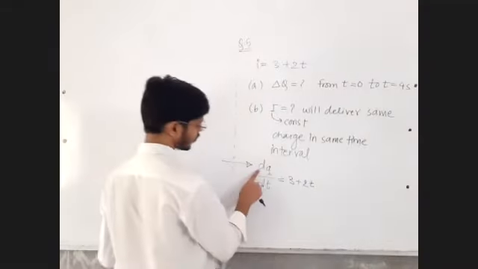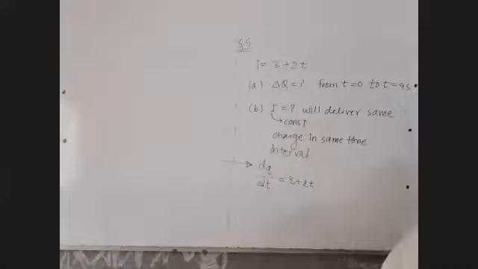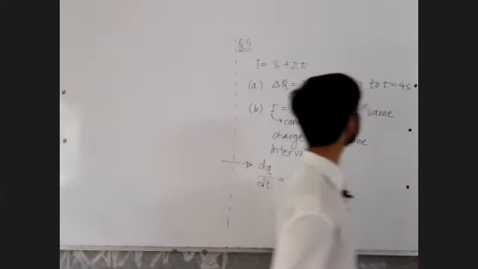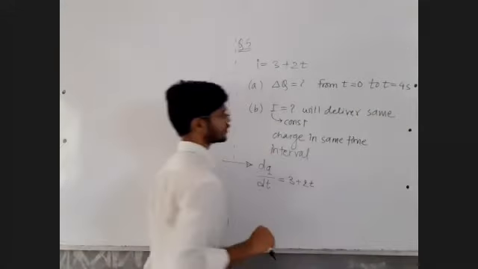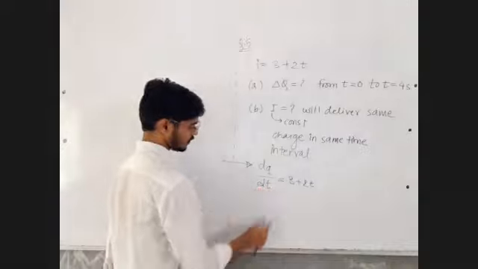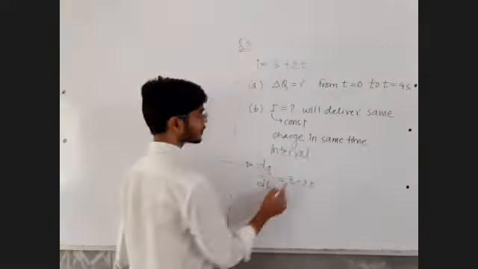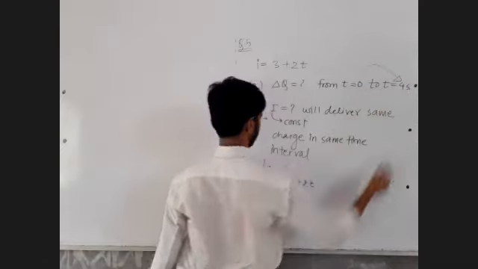Sir, we do not want charge flown in time dt. We want charge flown in time t equal to 0 to t equal to 4 seconds. So there is a finite time interval. This is an infinitesimally small time interval, and this is a finite time interval. 0 to 4 is a finite time interval.